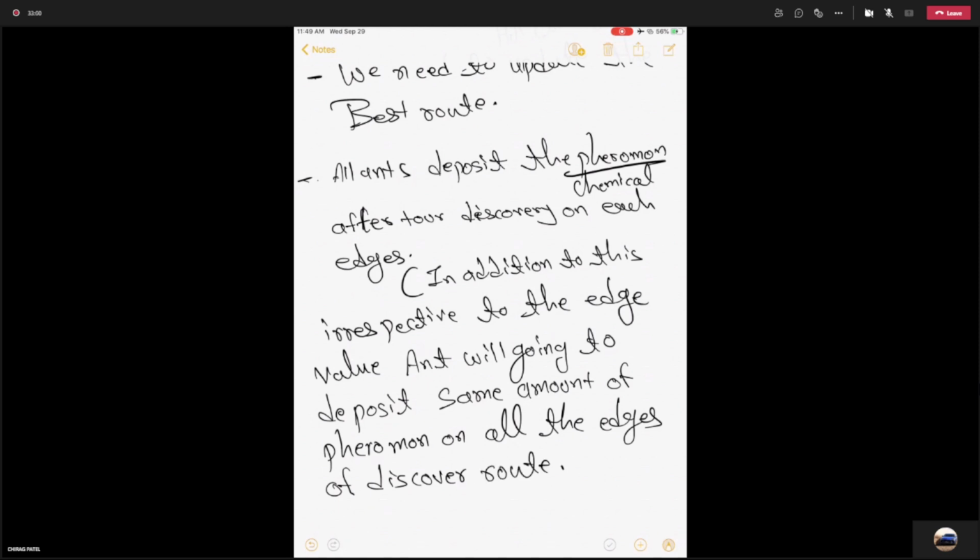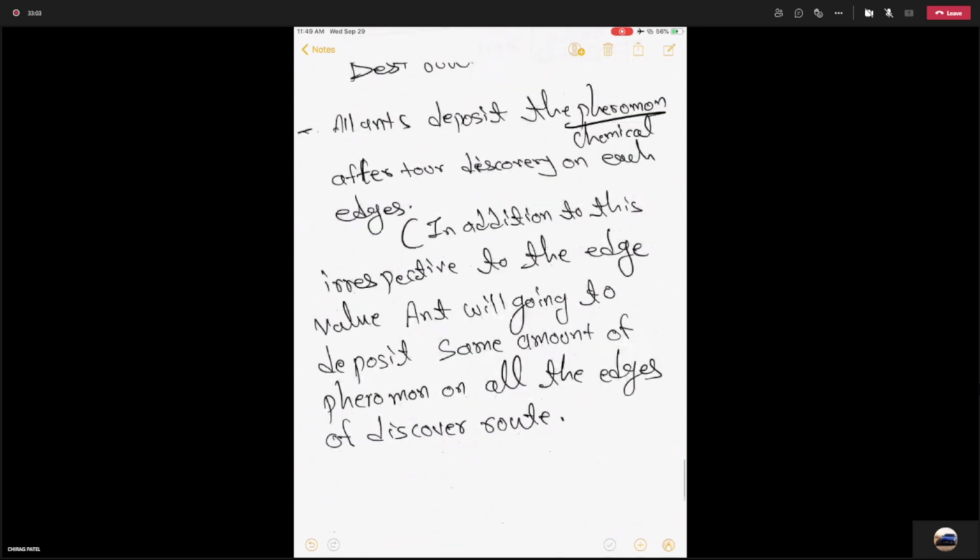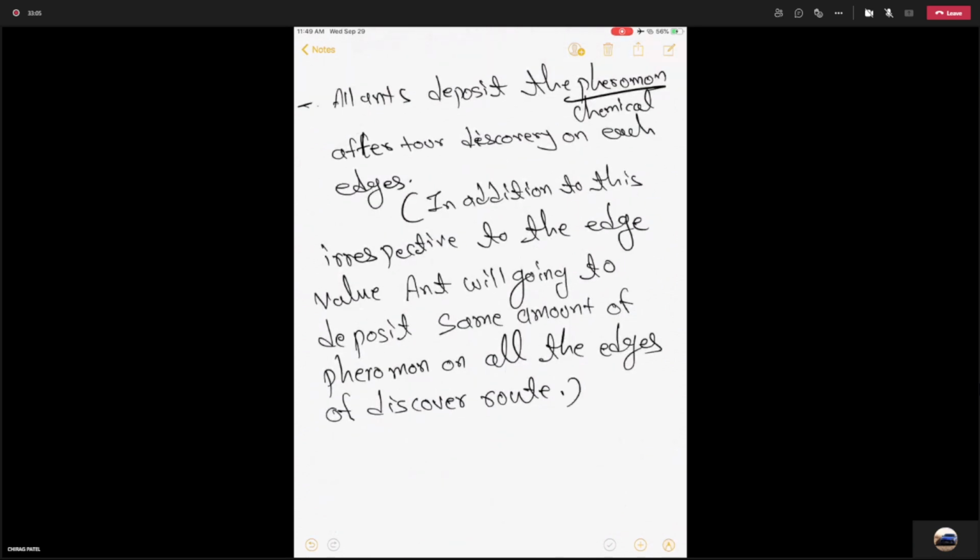Right? This is the same thing, but this is a bracket where we have written down the information on where exactly it needs to deposit the pheromones.